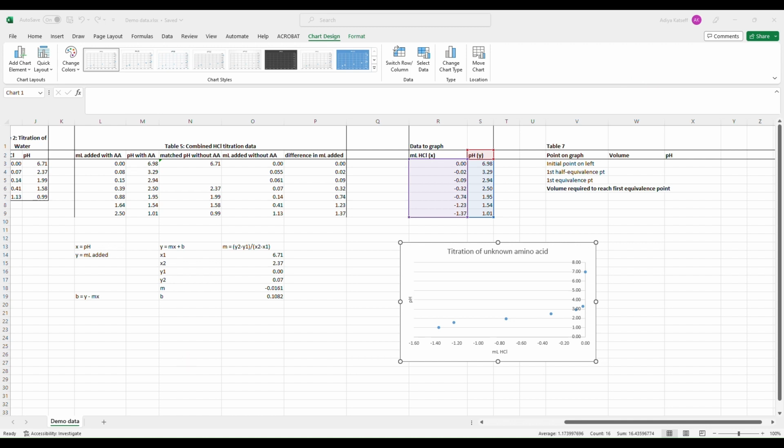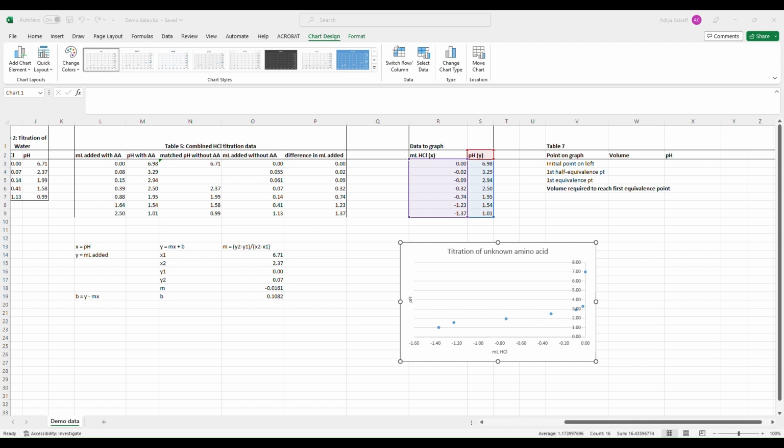And then when you calculate the volumes halfway between your equivalence points where the curve is sort of flat, so here you have maybe between 0 and 8 or so, right around 4-ish. That's your half equivalence point. And the pH at that value is going to be your pKa.